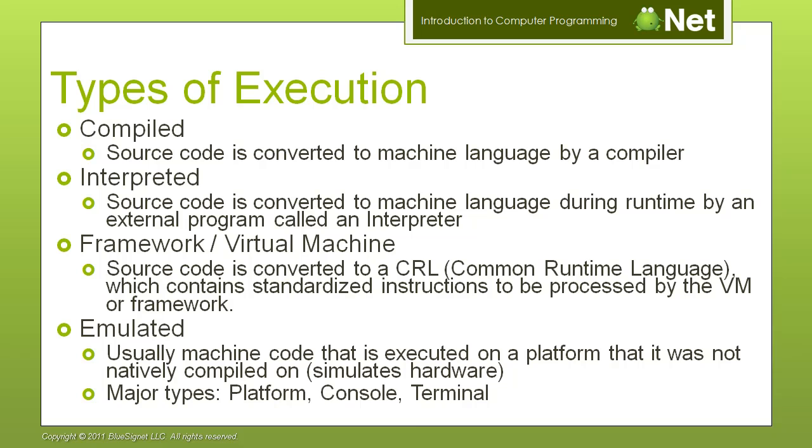We were just talking about frameworks and virtual machines, but there are situations where you have a program that is compiled for a single platform and is not written in a language that runs on top of a virtual machine. One example is, in Linux, there is an emulator called Wine. Wine will run Windows applications, so you could install Adobe Photoshop with Wine in Linux and run it in your Linux operating system.